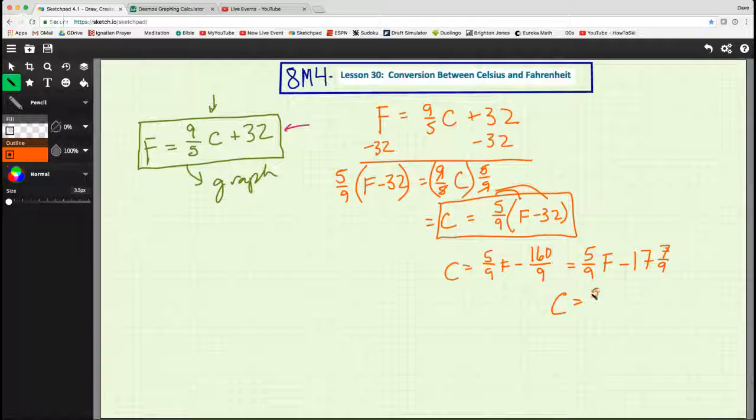So C equals 5/9 Fahrenheit minus 17 and 7/9, but it's usually written like this because it makes the conversion easy.